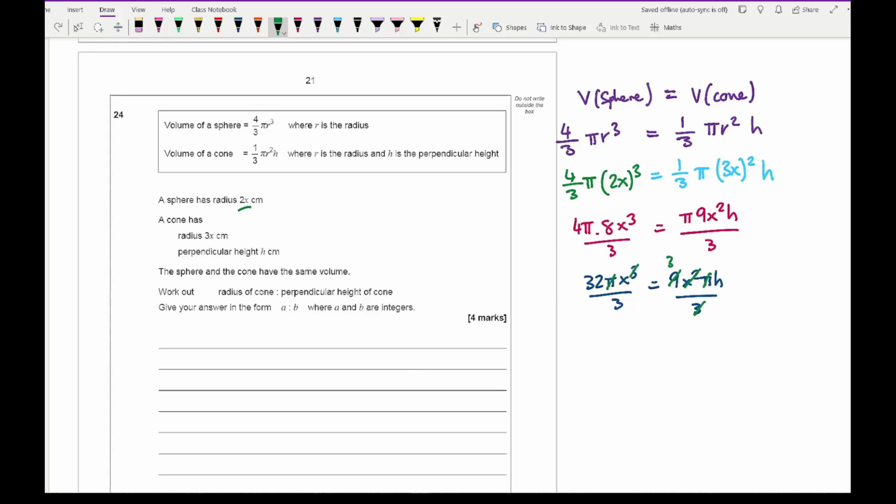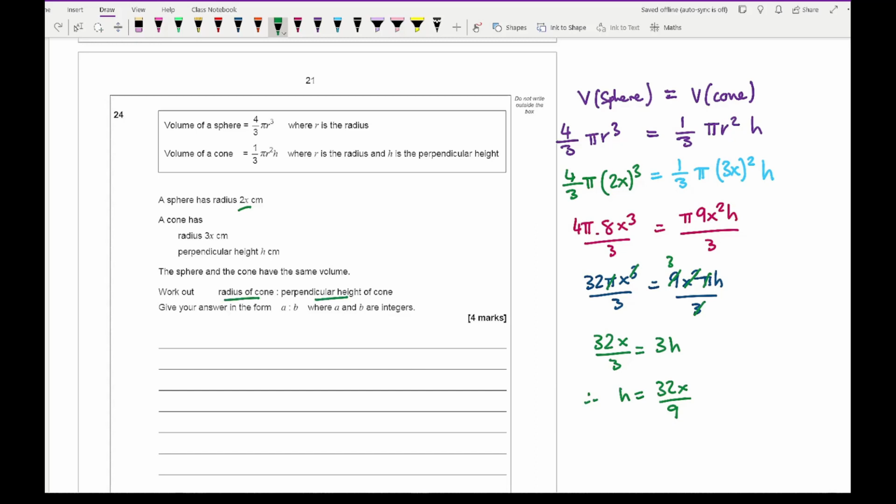Let's just simplify all this. So 32x over 3 equals 3h. So from this, I can then work out what h is. So h equals 32x over 9. Again, doesn't really simplify. And so from this, what I've got is the radius of the cone against the perpendicular height of the cone.